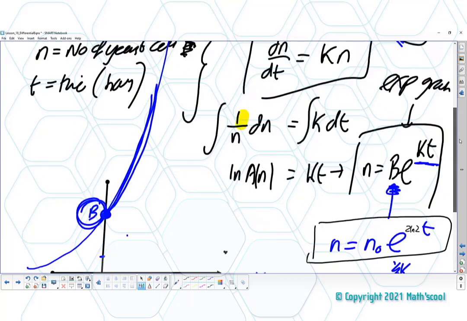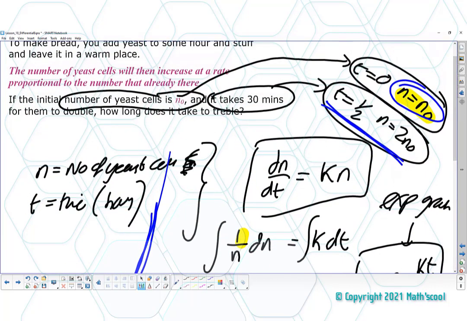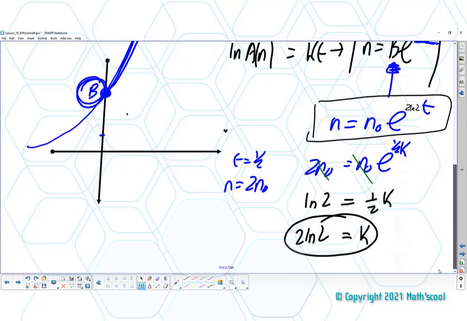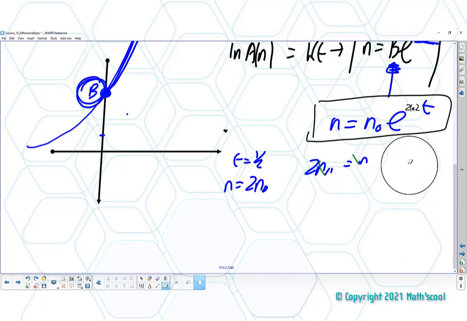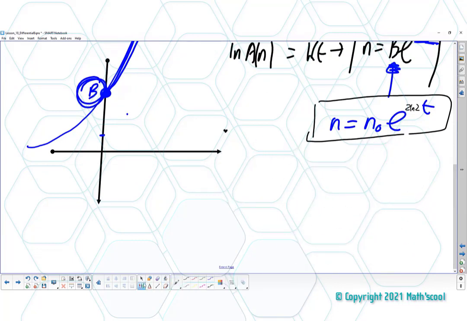And then they ask me, how long does it take to treble? So they want to know when n equals 3n naught, what is t? So I'm just going to put in n is 3n naught equals n naught e to the 2 ln 2 t.